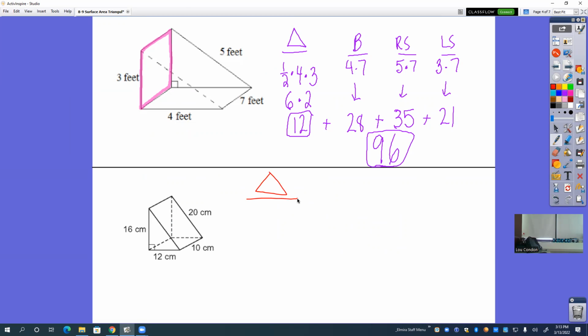Okay, so the triangle, 1/2 times the base, which is 12, times the height, which is 16.